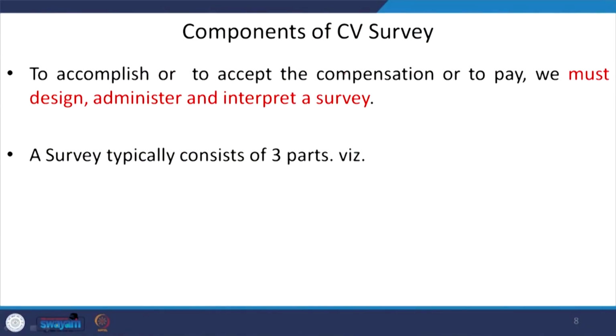So, for conducting a CV survey, we can divide this survey typically into 3 parts.